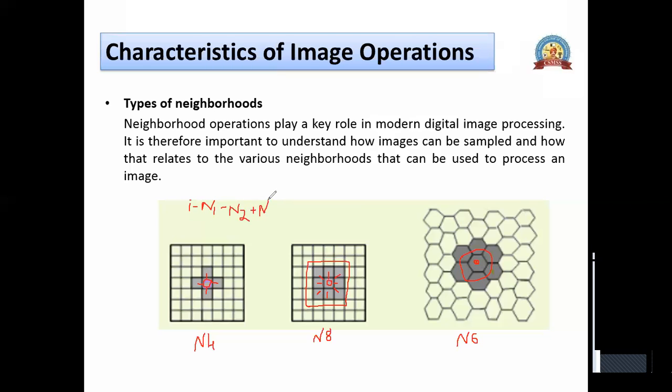So this operation is performed with the help of neighbors. So this is called a local operation. Okay, got it? Yes, sir. Thank you. Any other doubts?